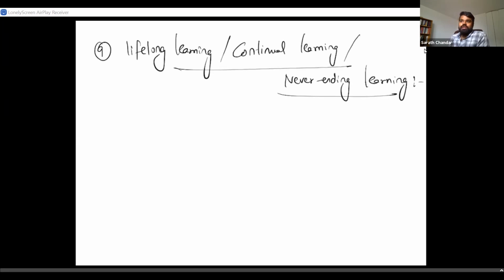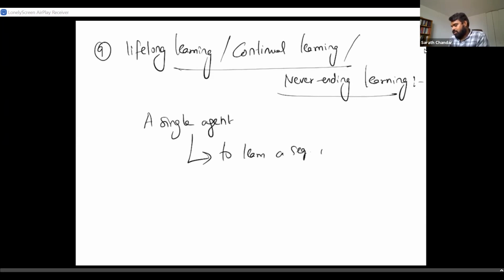The whole idea of lifelong learning is to have a single agent which is going to learn a sequence of tasks over its lifetime. I have a single agent, and this agent is going to learn a sequence of tasks during its lifetime.